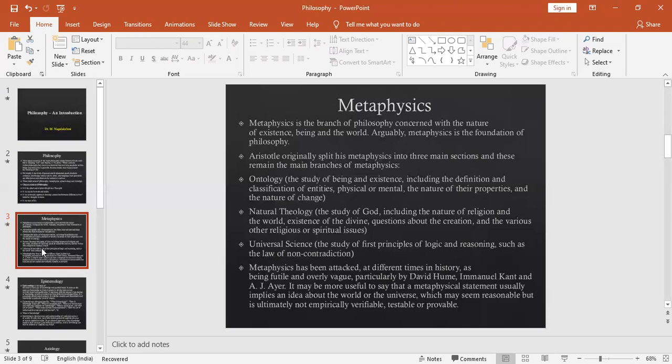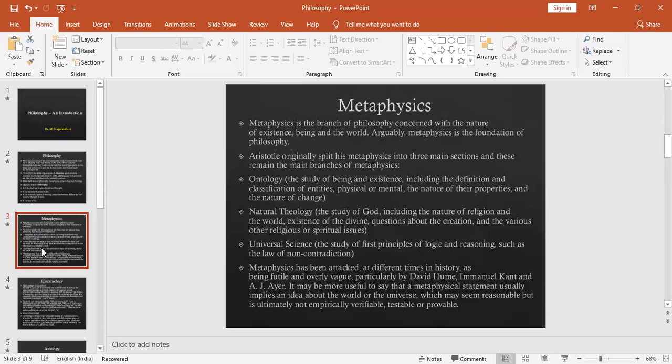The second thing is theology, the things which we feel, that is God, the nature of religion, the existence of divine power. And then universal science, the study of first principles of logic, that is reasoning, such as the law of non-contradiction. So ontology is about human beings, theology is about divine power, and the third one, universal science, is logic and reasoning.